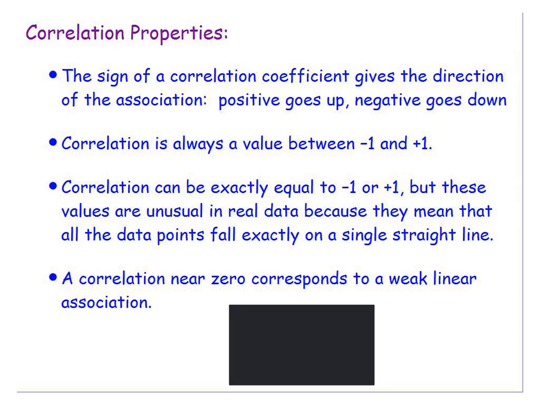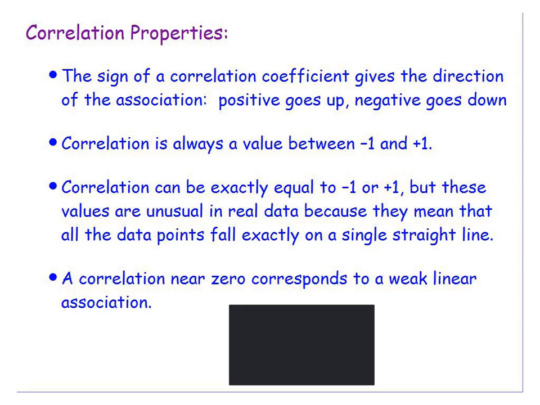Correlation will always be a number between -1 and +1. -1 and +1 are considered perfect. Correlation can come out to exactly -1 or +1, but that is very, very unusual because that would mean that the data points fall exactly in a perfect straight line. And in reality, the chances of that are not very good.